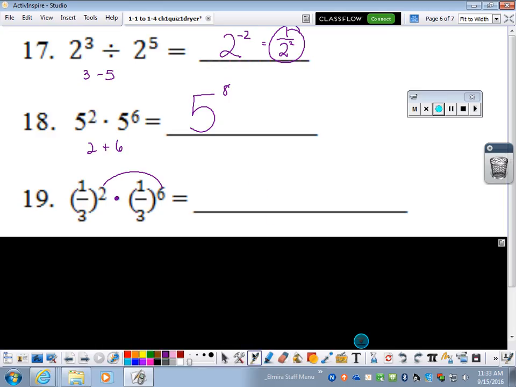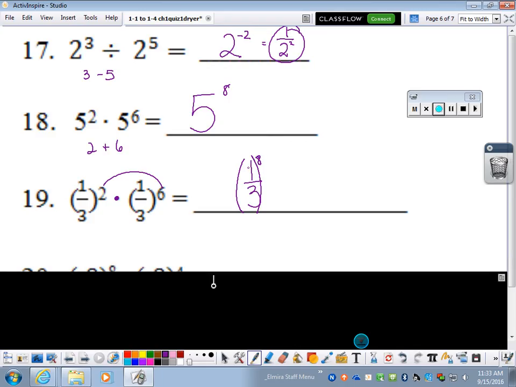Okay, without the parentheses, it's 1 to the 8th power over 3. Because the 8 exponent is not going to affect the whole fraction. I need those parentheses so that the 8 goes to the whole fraction and not just the 1. That's how you know. Because it's possible to have a numerator or a denominator that has an exponent while the other one doesn't. Okay, but that's not what we want in this case.